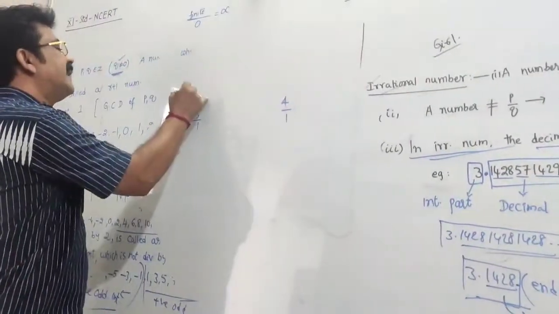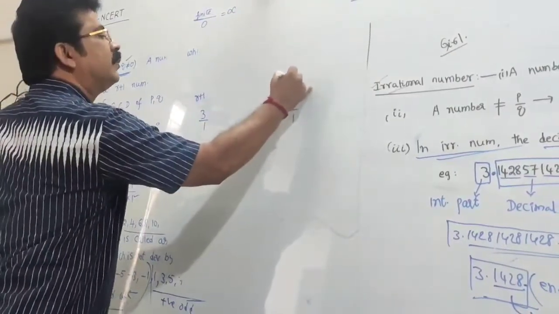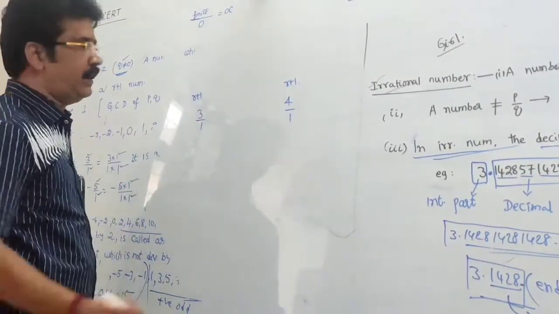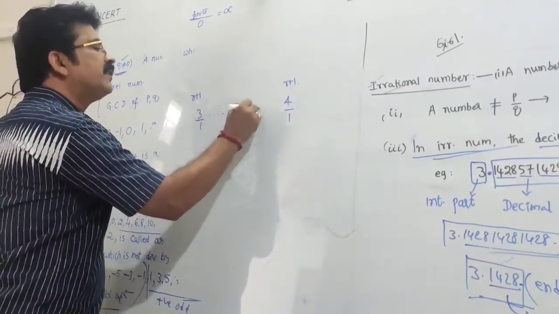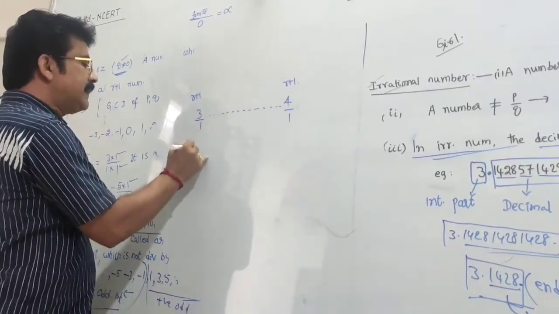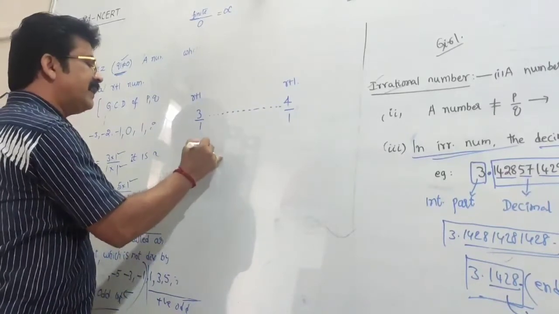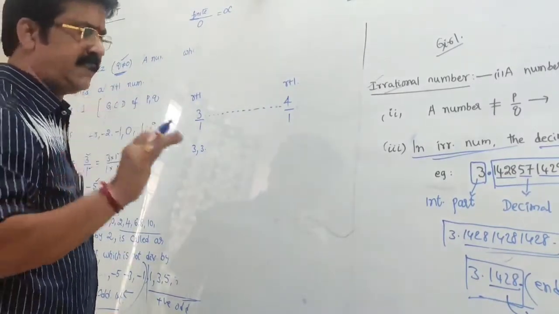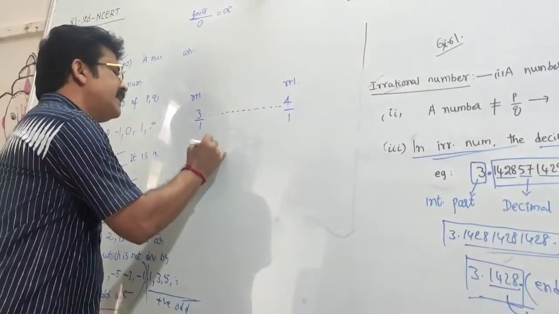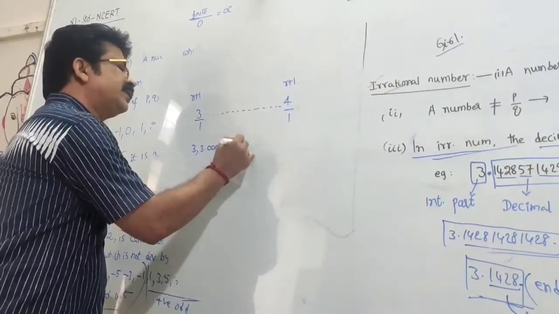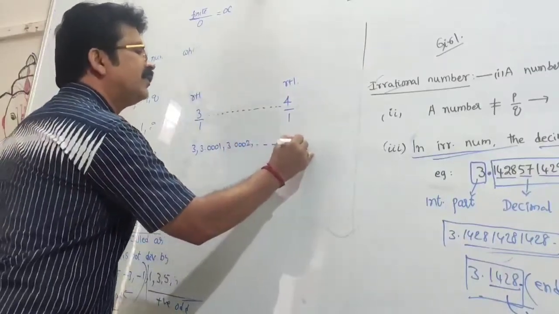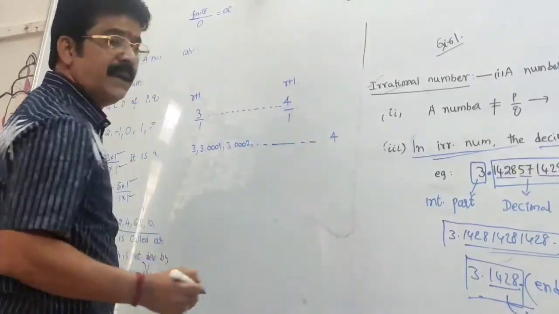So this is a rational number, and it is also a rational number. In between two rational numbers, actually 3 comma, next we can consider, if we consider 4 digits, the next number will be 3.0001, then 3.0002, just like that, and so on, up to 4.